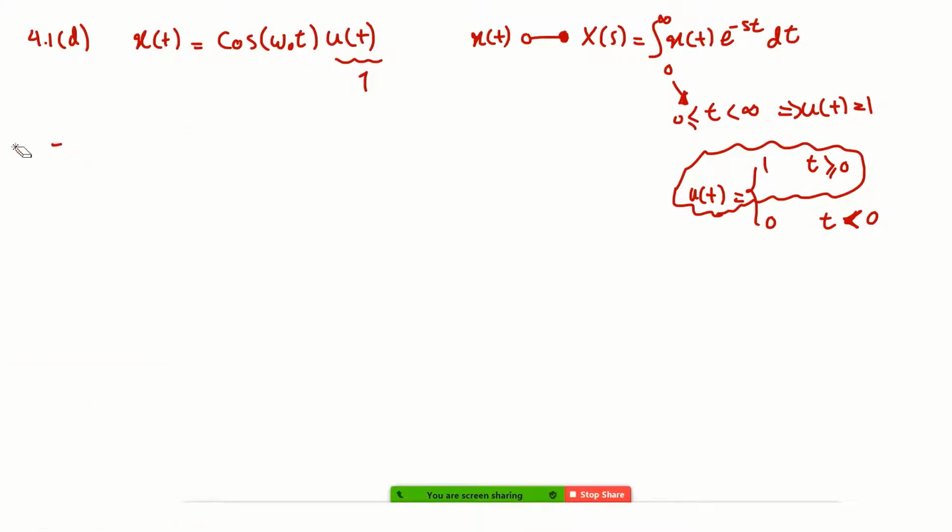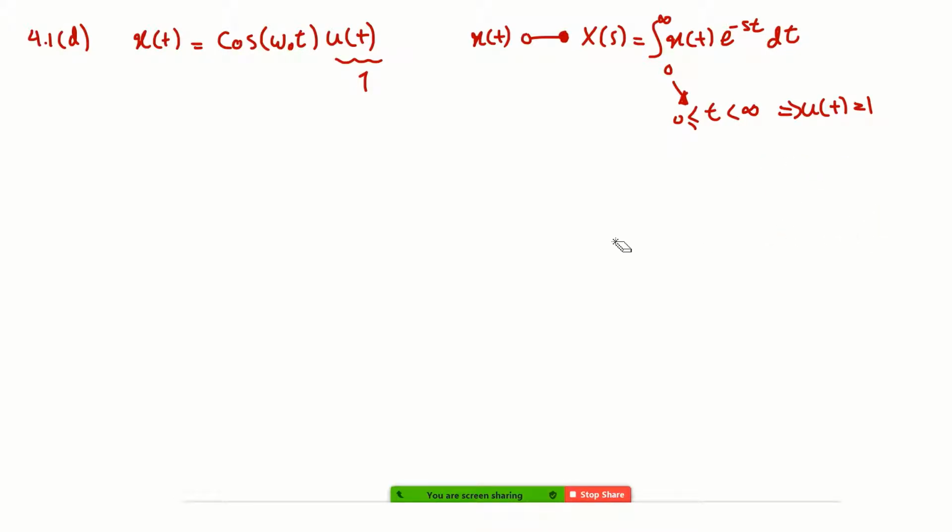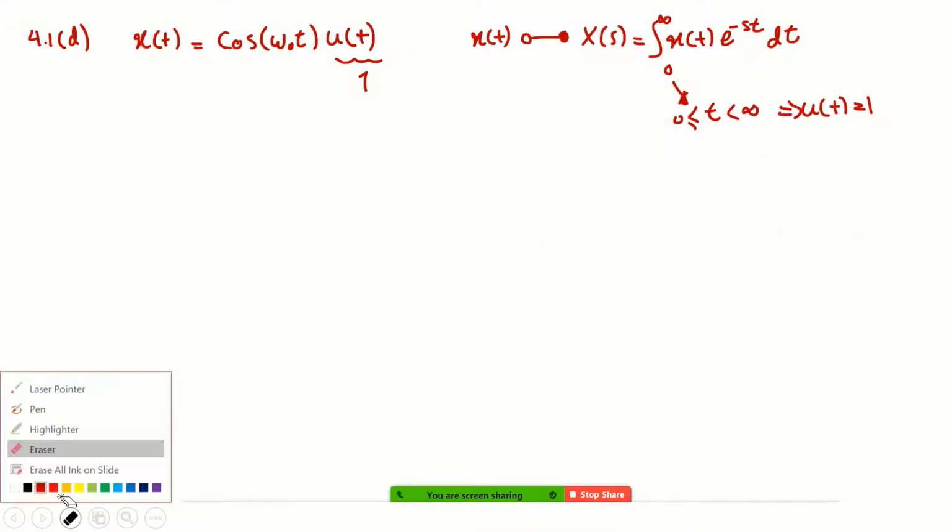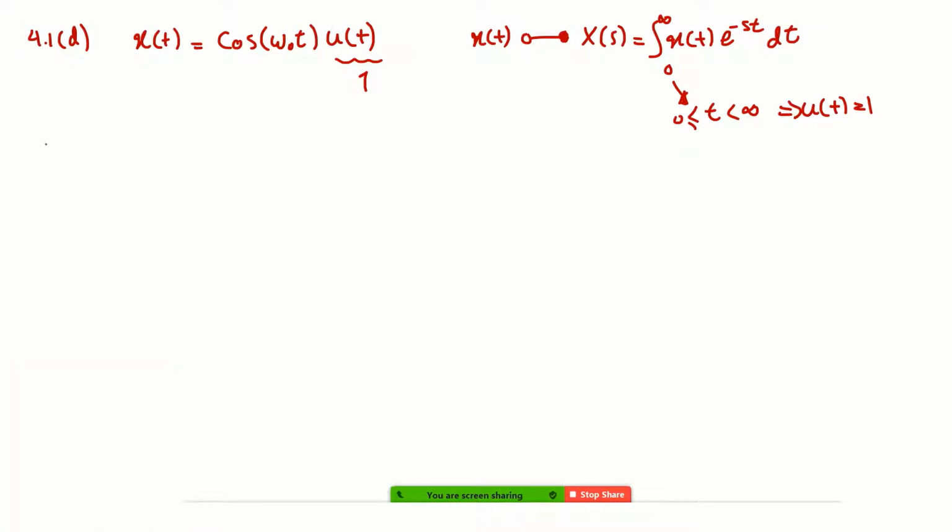So let's calculate the Laplace transform for this signal. X(s) equals the integral from 0 to infinity of cosine of omega t dt. Okay, I can write cosine of omega t using Euler's formula.